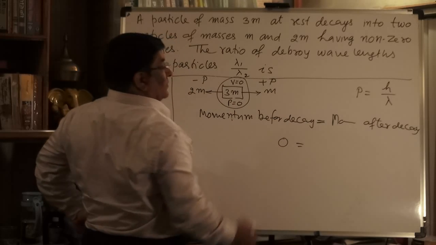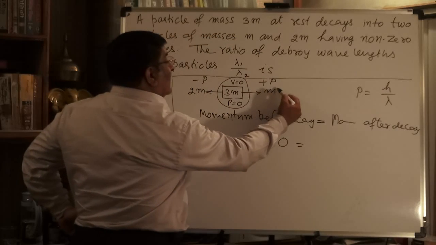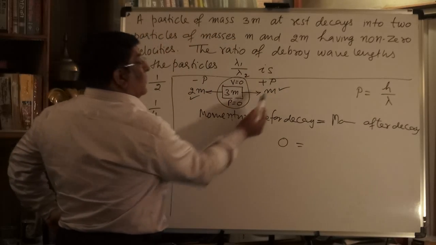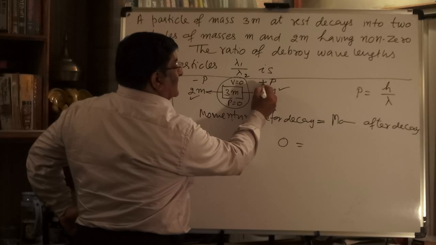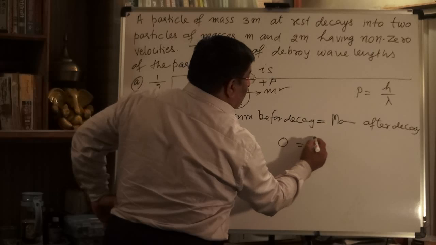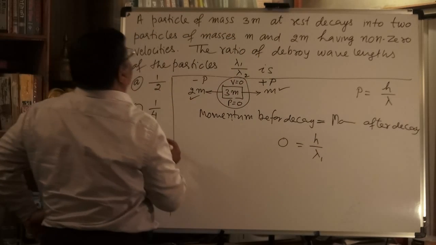So momentum was 0. Now what is momentum after decay? After decay there are two particles. One is having momentum P, which is positive, and this P is equal to h upon lambda 1.